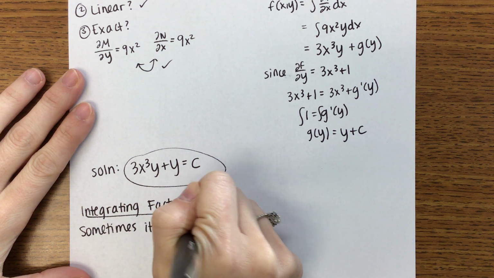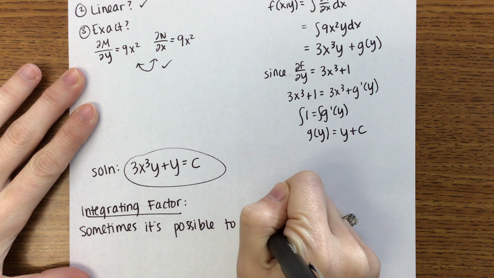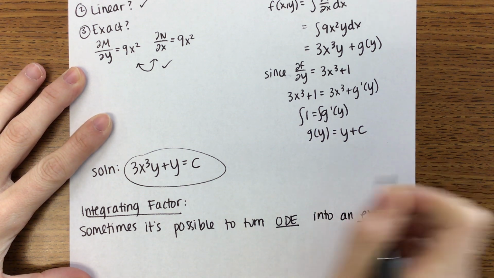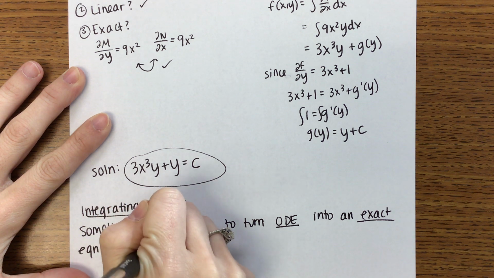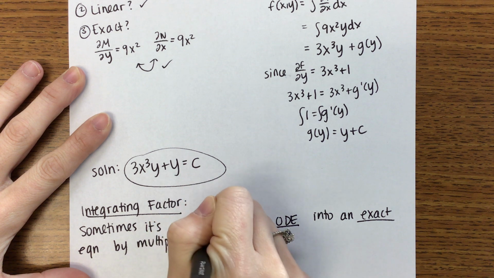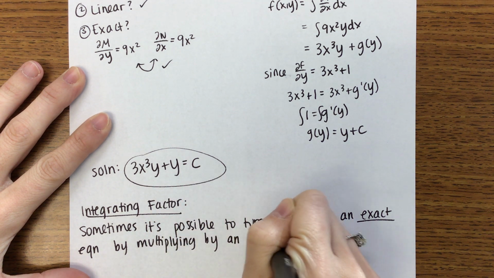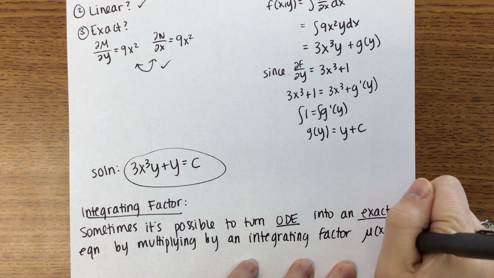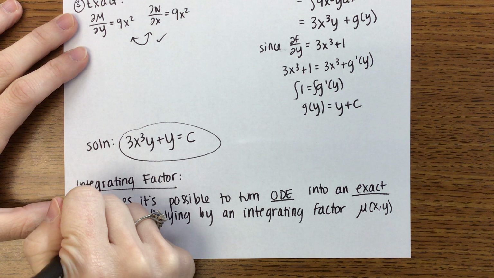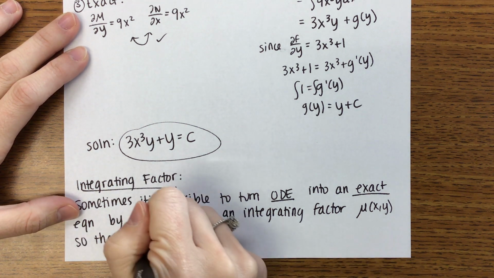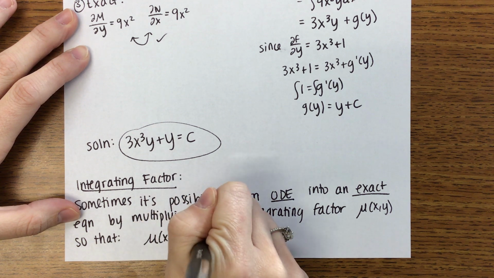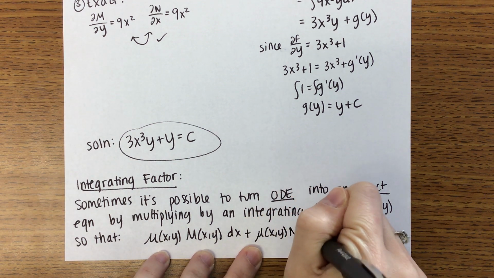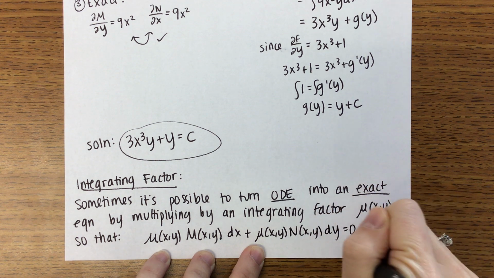Sometimes it's possible to turn an ordinary differential equation into an exact equation by multiplying by some integrating factor, using the same notation as yesterday, mu of xy, so that when we do that, we'll get mu of xy times m of xy dx plus mu of xy n of xy dy equals 0 is exact.